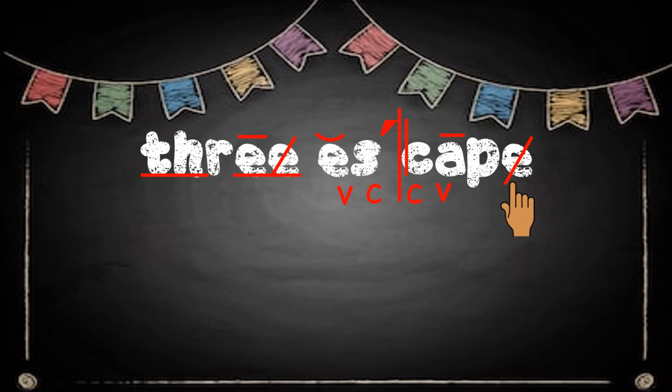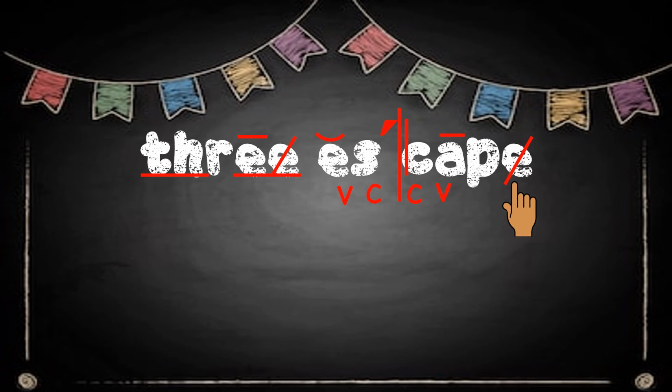Now let's go ahead and read this phrase. Three escape. Let me look carefully at the word escape and my accent mark on the first syllable. Escape. I notice when I say that word that the second syllable is higher and louder and longer than the first syllable.